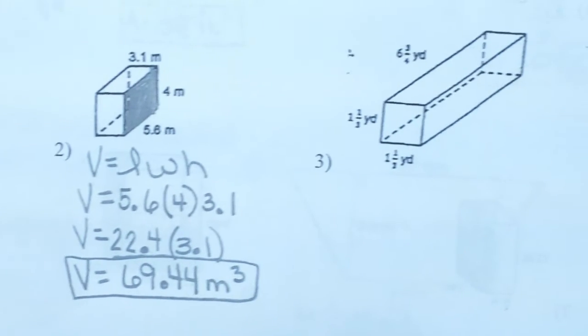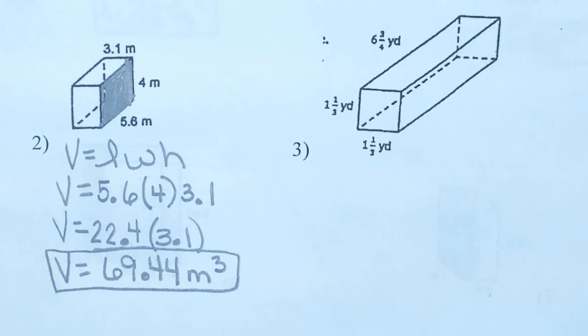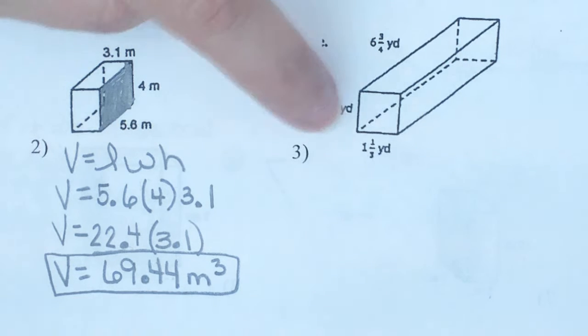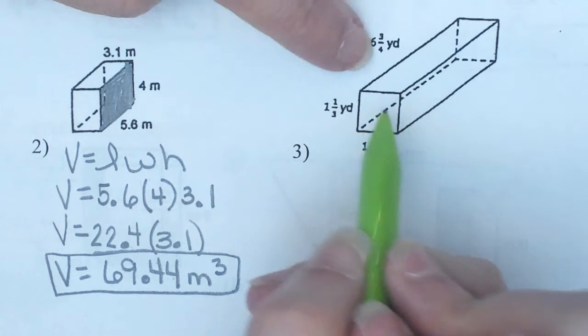Okay, number 3. What is most obvious to you guys as a rectangle or square? What two numbers? 1 and 1/3. Yeah, to me it's this front box also. Like that to me is the base.